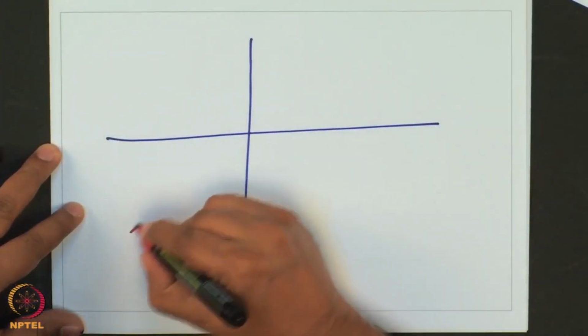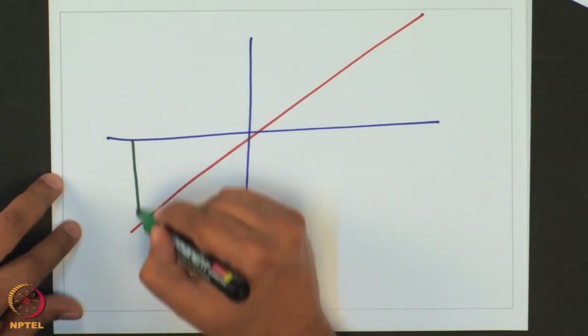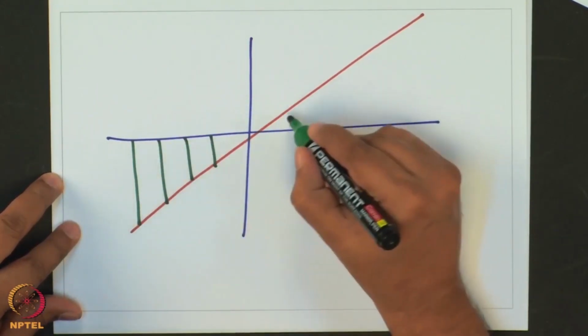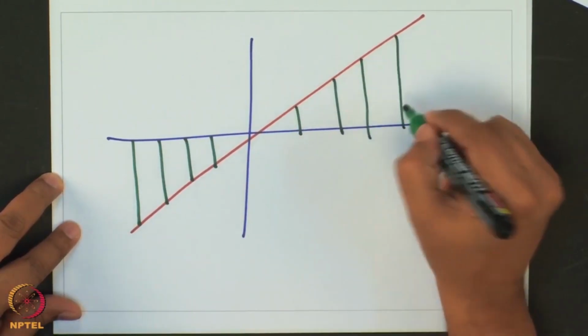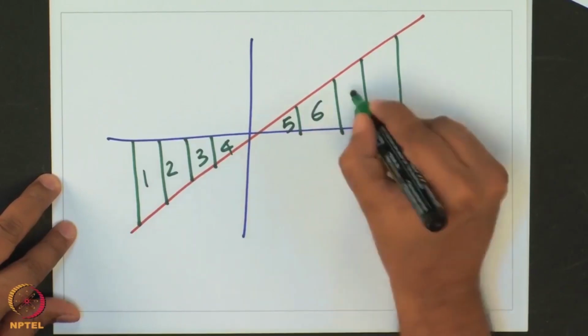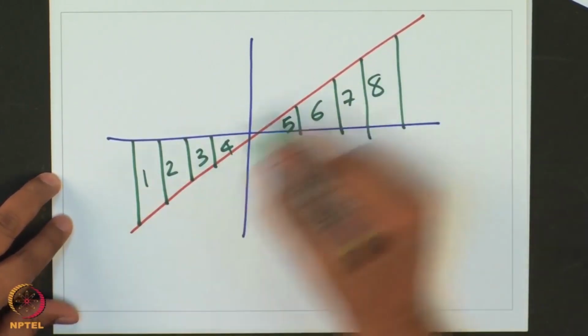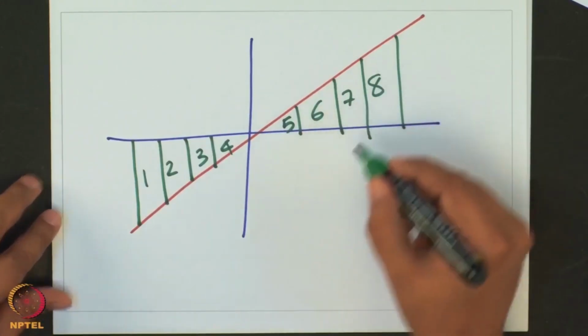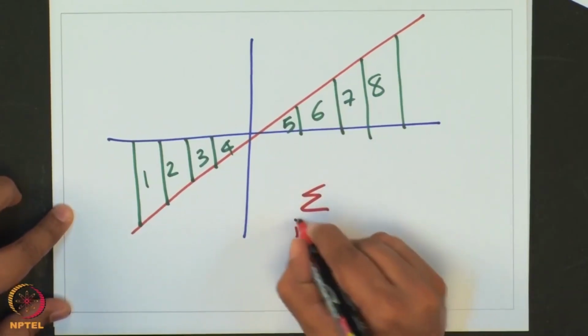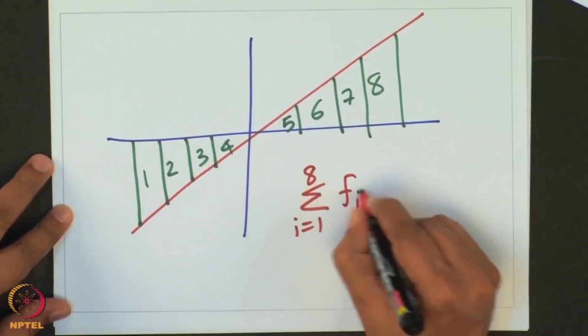Another way of thinking about it, just to understand: if I have a function like this, and I divide this into many small areas, 1, 2, 3, 4 here and similarly 1, 2, 3, 4 here, so 8 small portions, I could write the integral of this function as the sum over i equal to 1 to 8 of fi dxi.